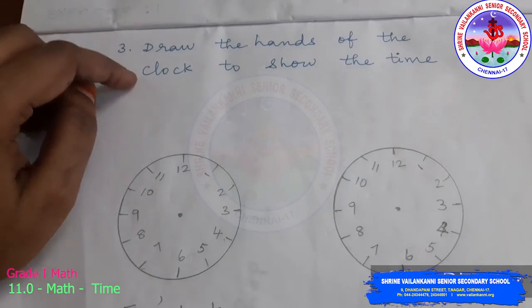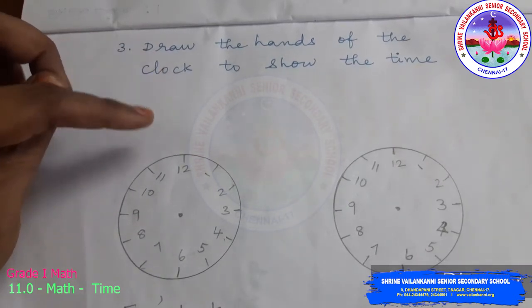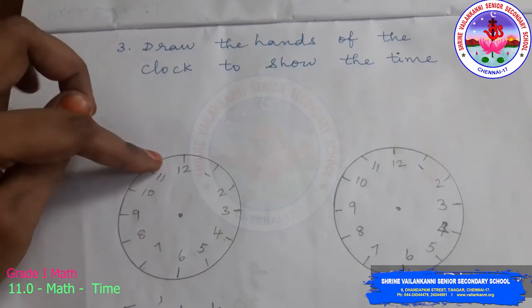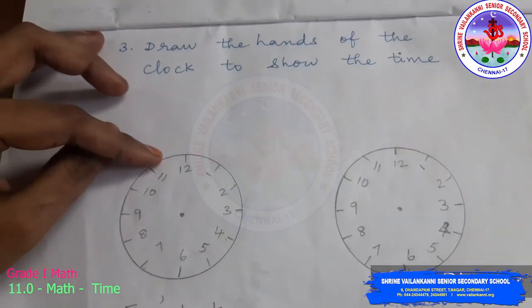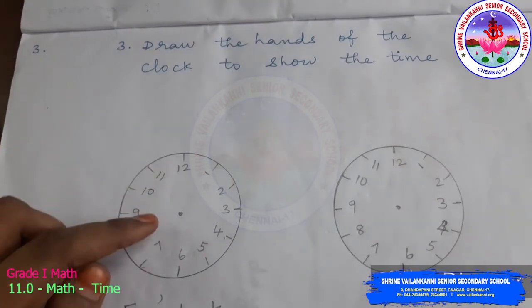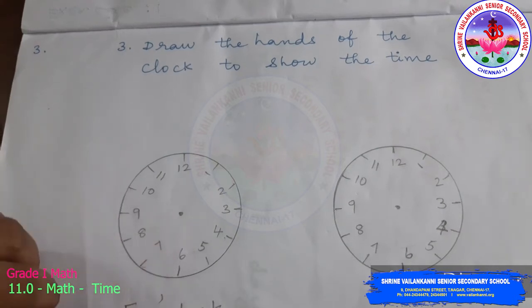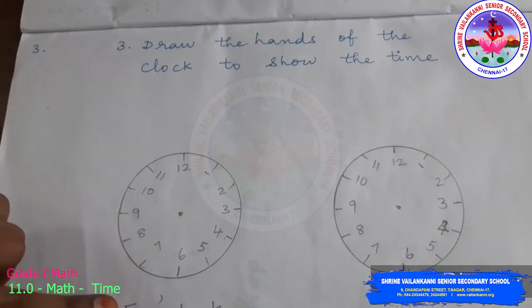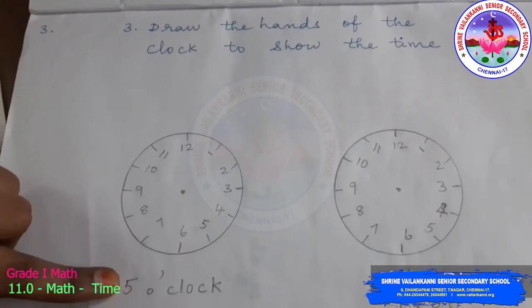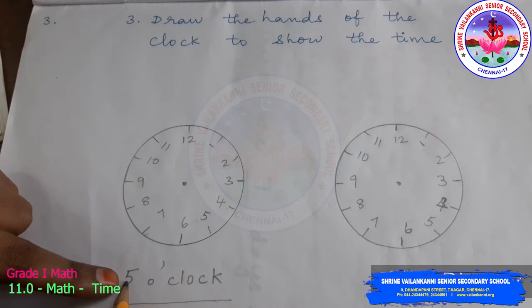Okay, the third sum is draw the hands of the clock to show the time. We are going to draw the hour hand and the minute hand. We are going to draw both the hands, okay? Hour hand and minute hand. So 5 o'clock. 5 points at the short hand.